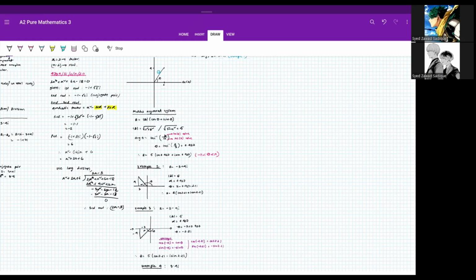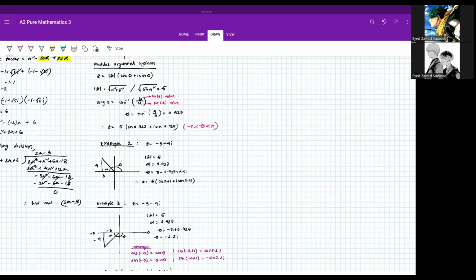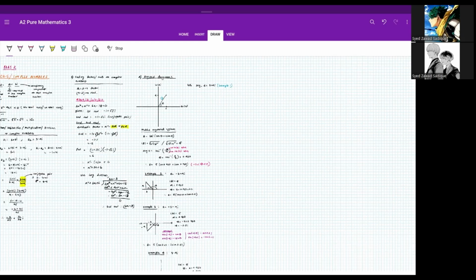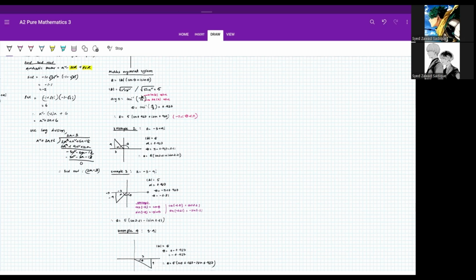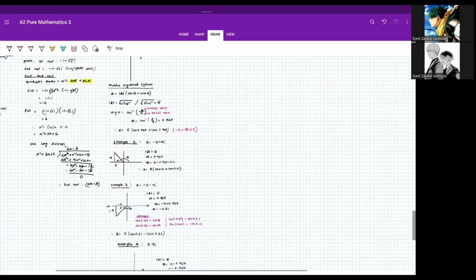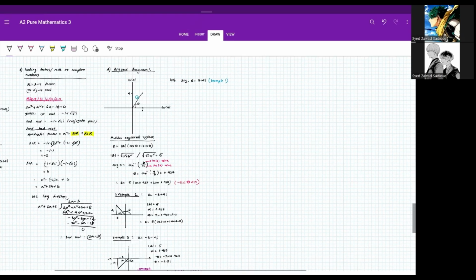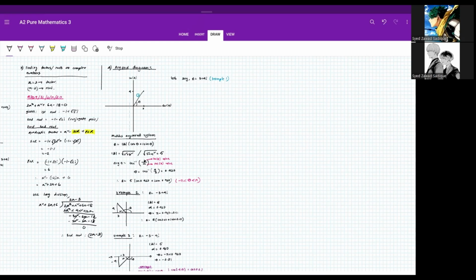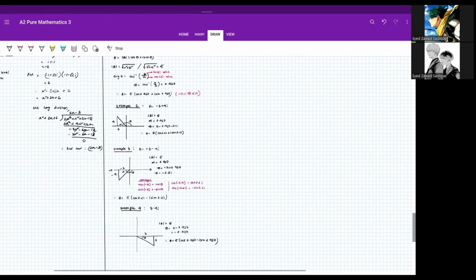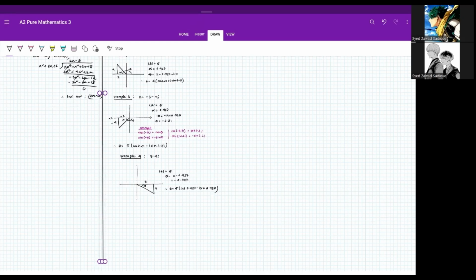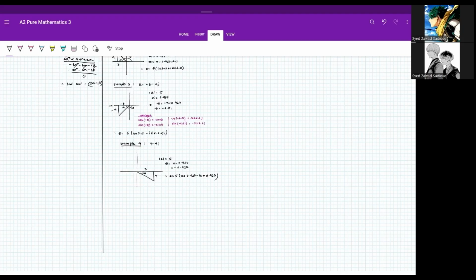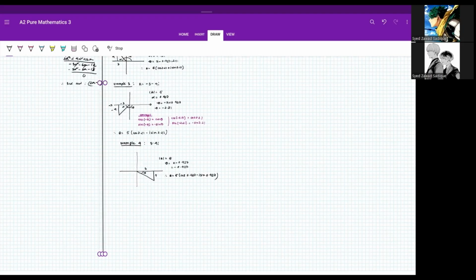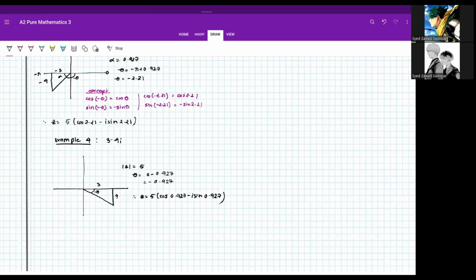There is one more thing that I'd like to add. So the exponential format.